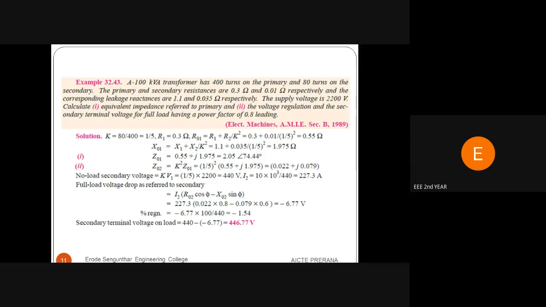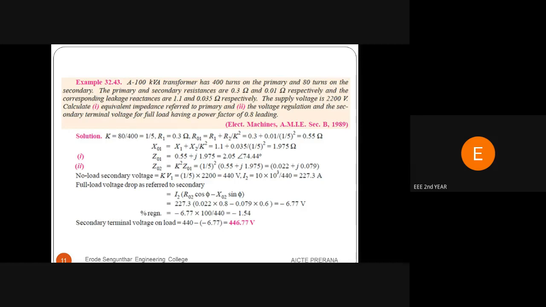By the transformation ratio formula, K equal to N2 by N1. N2 equal to 80, N1 equal to 400, so 80 divided by 400, we get K equal to 1 by 5. That is the transformation ratio value K. The data is already available: R1 equal to 0.3 ohm.